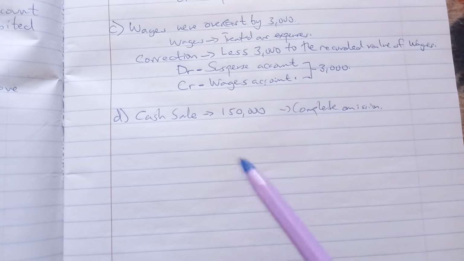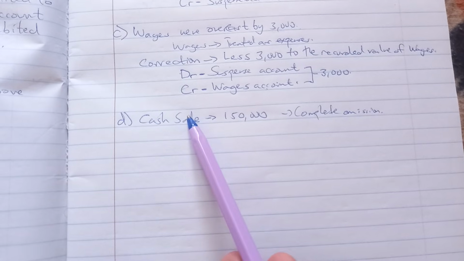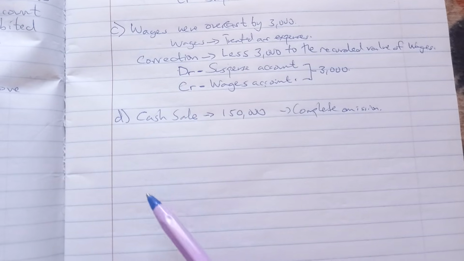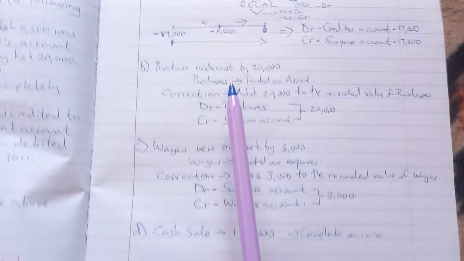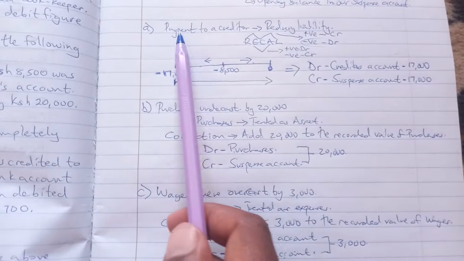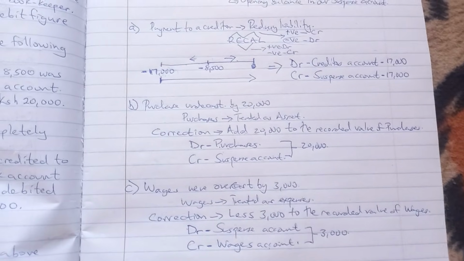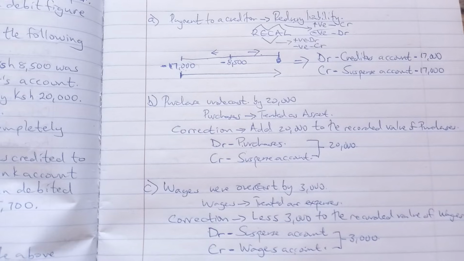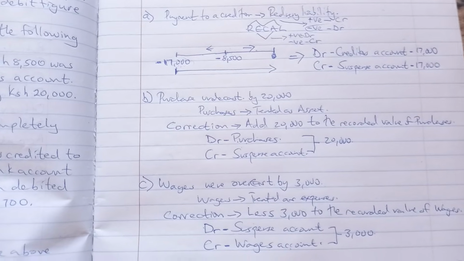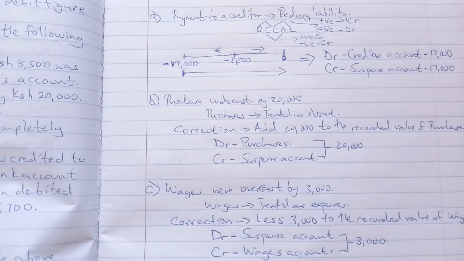Okay, because the transaction which involved in the cash sale, all those transactions were omitted. If you look at our first case, payment to a creditor was credited erroneously in the creditor's account, but the cash which was used to pay the creditor was already recorded.